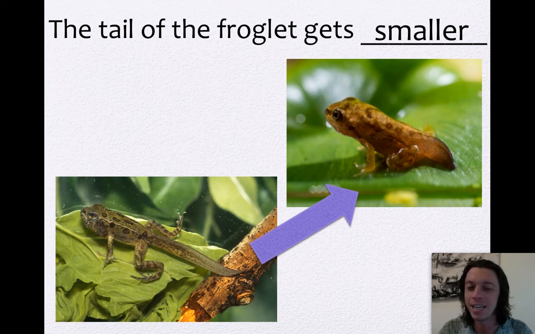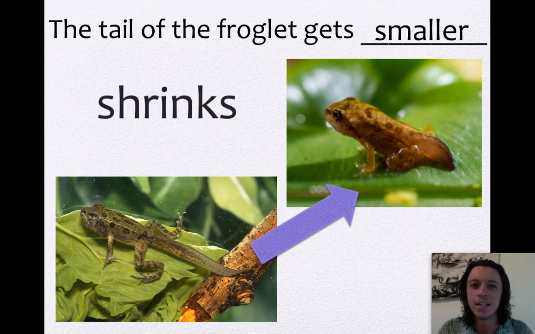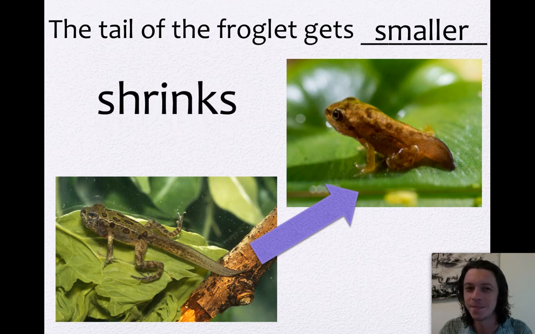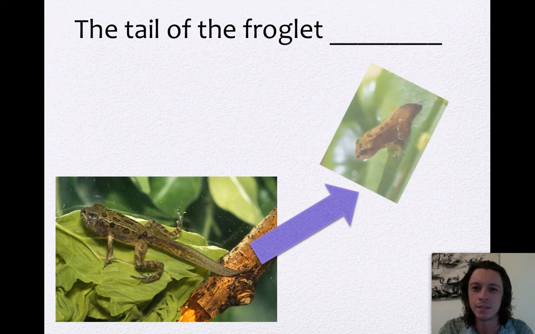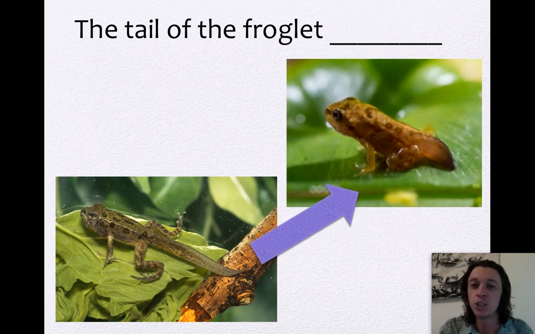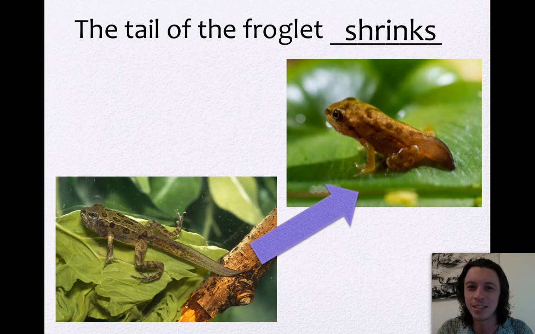This word in English is shrink. Let's say it together. Shrinks. It means gets smaller. So, all together, the tail of the froglet shrinks. Okay.